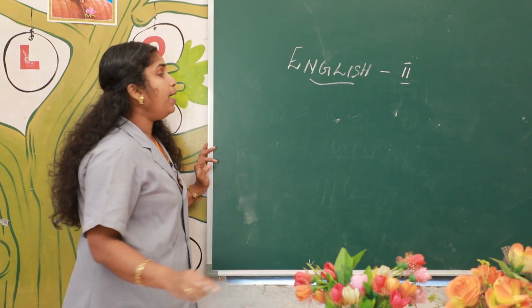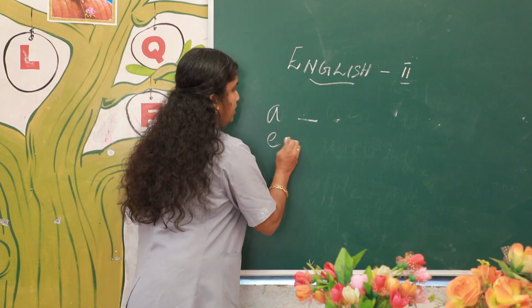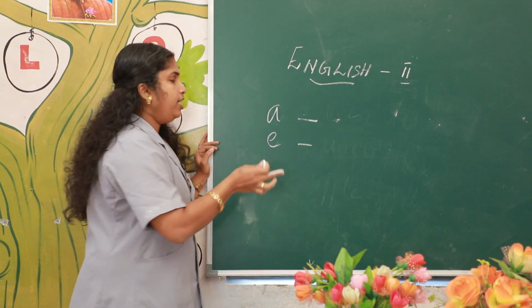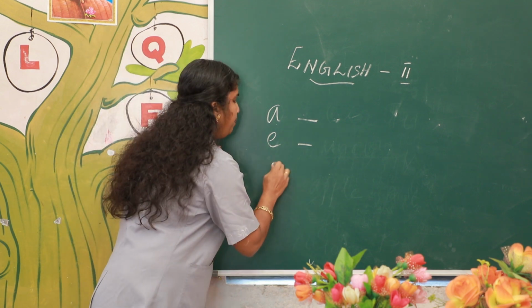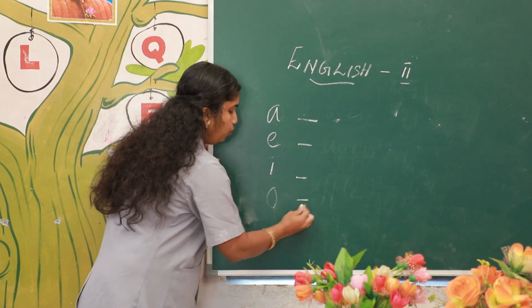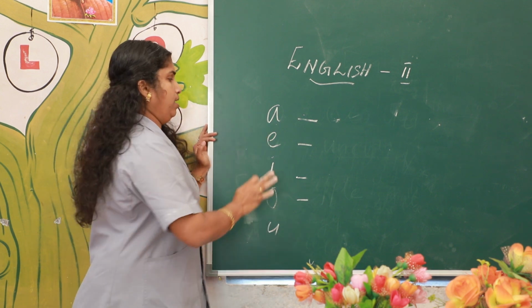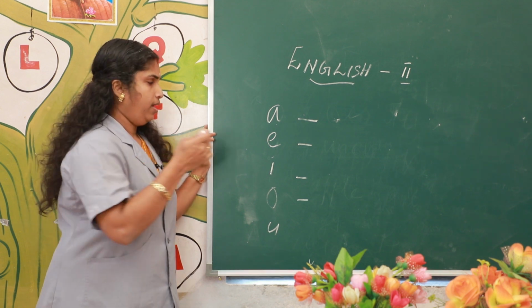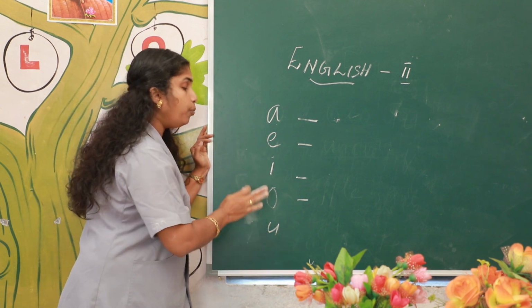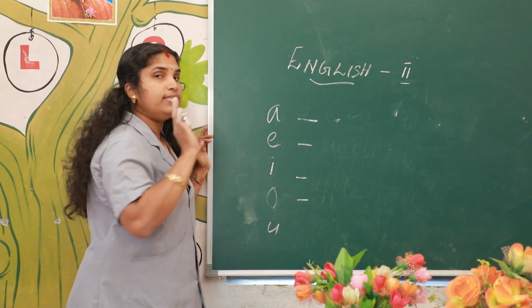E producing sound A. I producing sound E. O producing sound O. U producing sound U. This is known as phonetics. The sounds of the letters are known as phonetics.